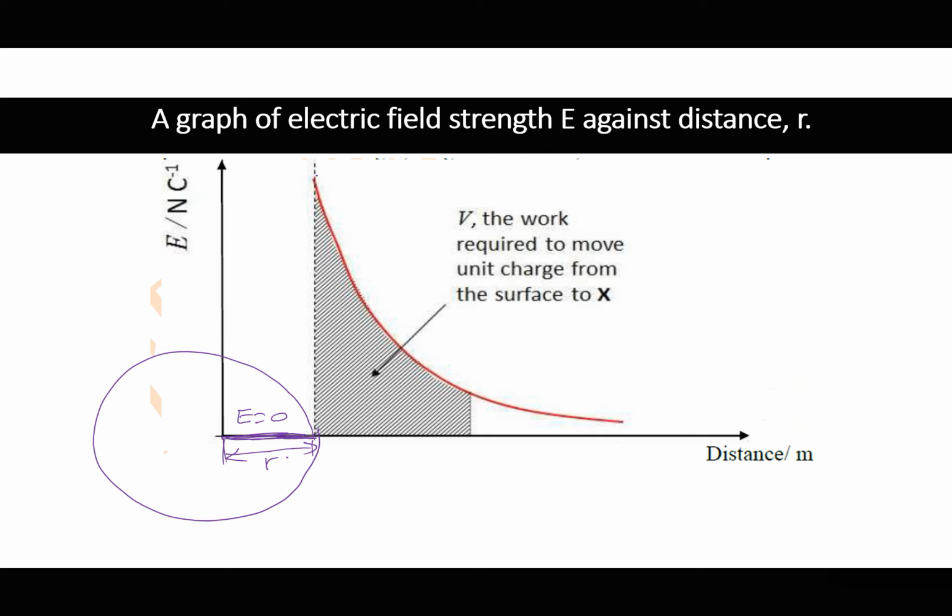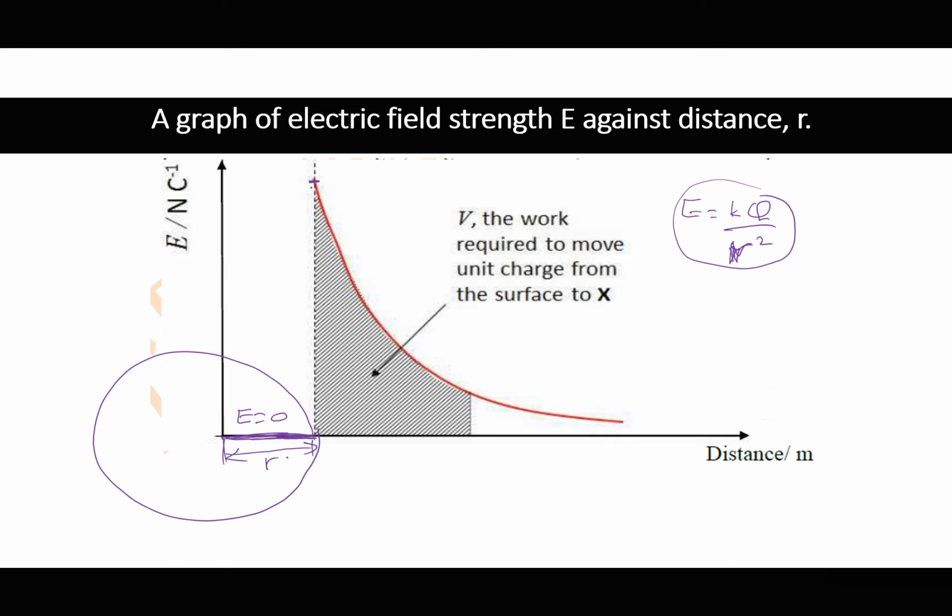But as you move away from the sphere, on the surface of the sphere, E is given as a constant k times q over 4 over r squared, where k is 8.99 times 10 power 9. So as you move away from the surface, E is a certain value on the surface. As you move away from the surface, E varies as the inverse square.